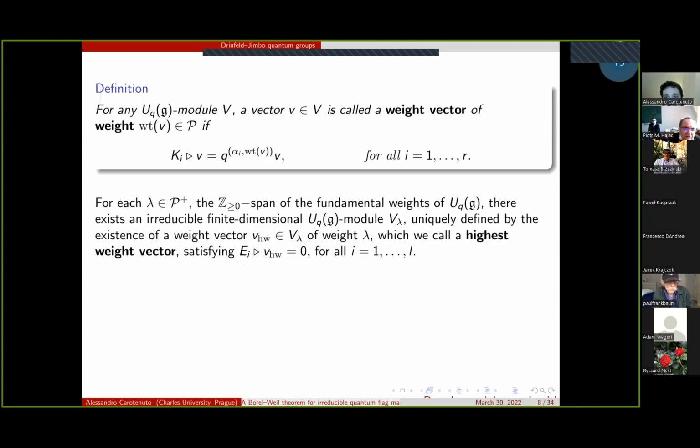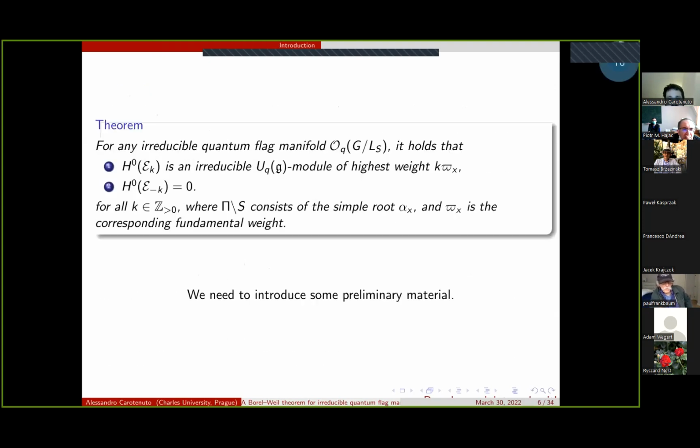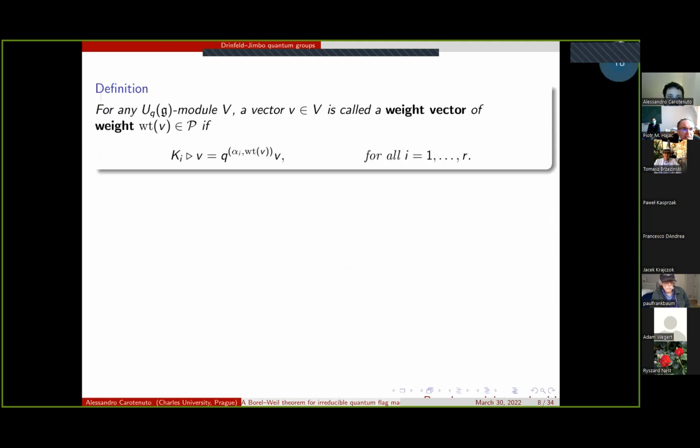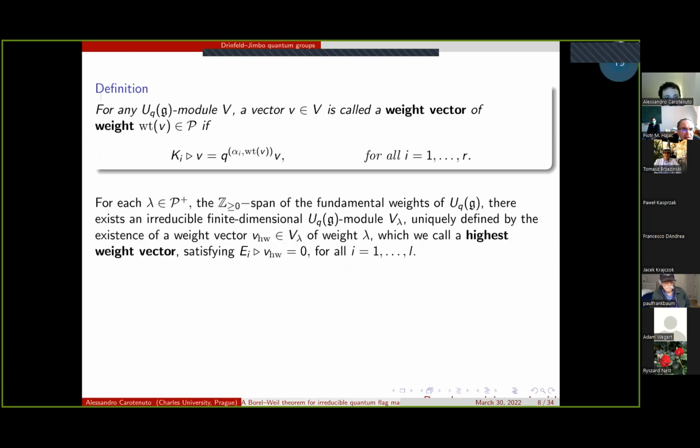So, Alessandro, just a stupid question. When you write q to this power, you have a parenthesis, alpha_i, comma, weight, but these are just numbers. So what do you mean? Sorry, alpha_i, the fundamental roots, are vectors, and the weight of v is a vector. Sorry, I didn't specify this.